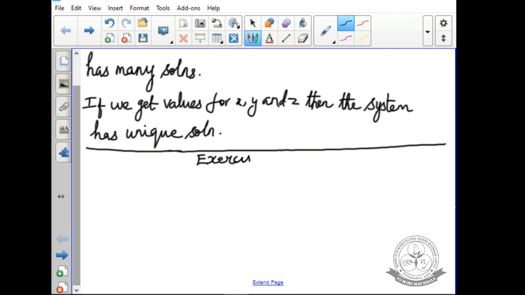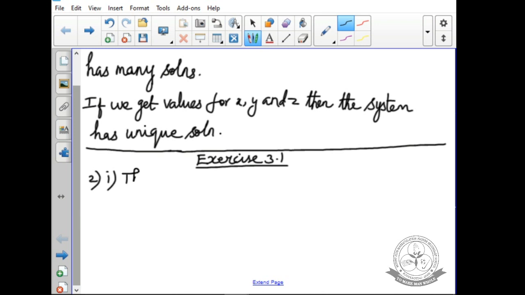Now you know how to solve the equations in three variables. Second question, first sum. Discuss the nature of solutions of the following system of equations. So write the given equations one by one.